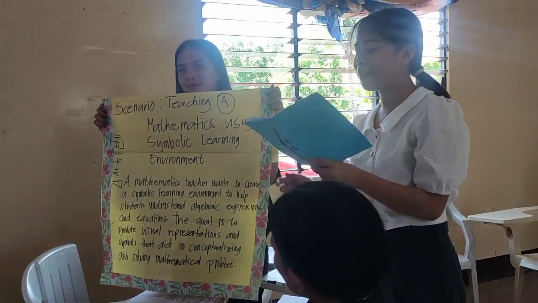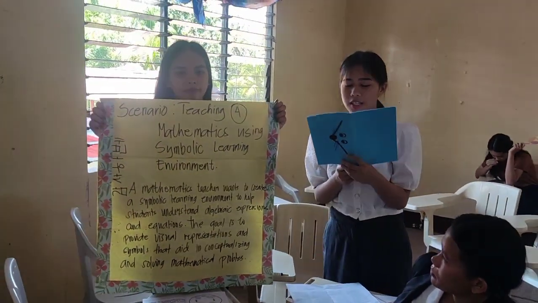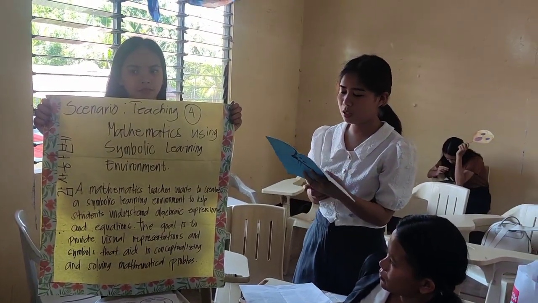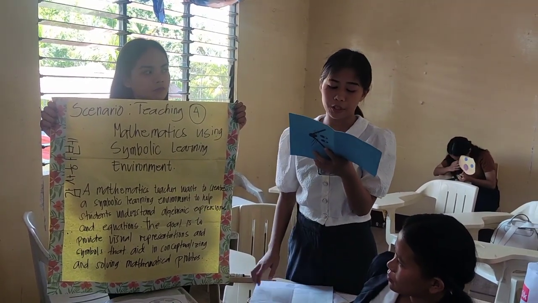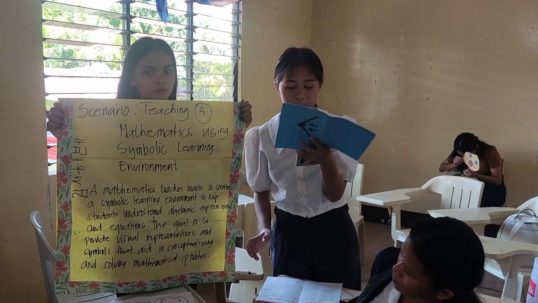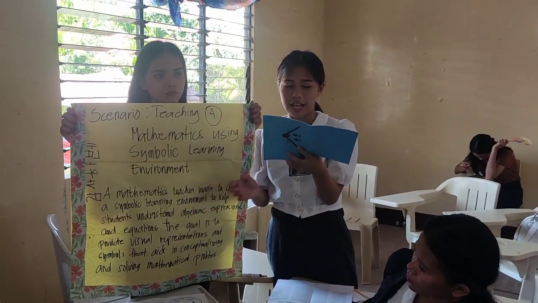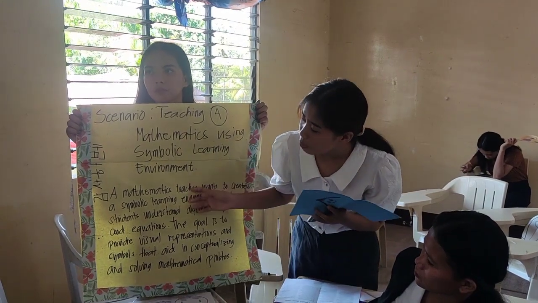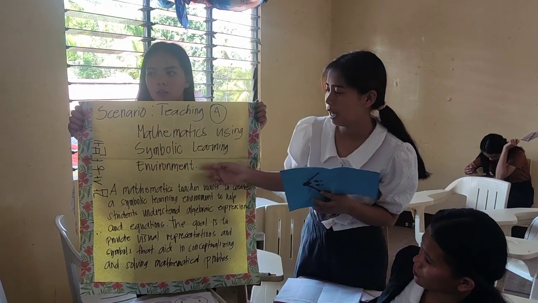The question is, explain a symbolic learning environment and give an example or scenario in the classroom setting. A symbolic learning environment is a type of learning environment that utilizes symbols, representations, and abstract concepts to support learning and understanding. In the classroom setting, this is the scenario, mathematics using a symbolic learning environment.